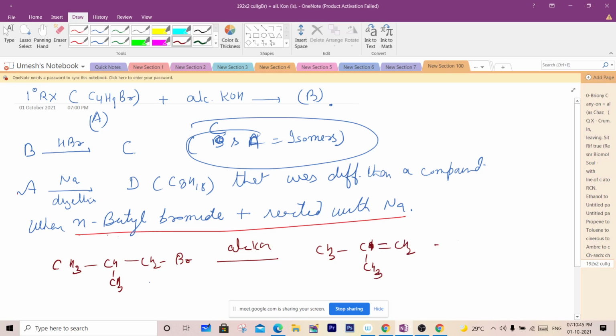And now if you add HBr here, the Markovnikov rule product will be formed. And what do you find here? This is the A, this is the B, this is the C. C and A are isomers.